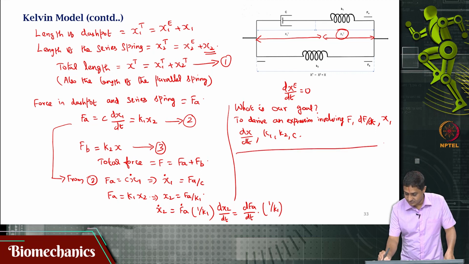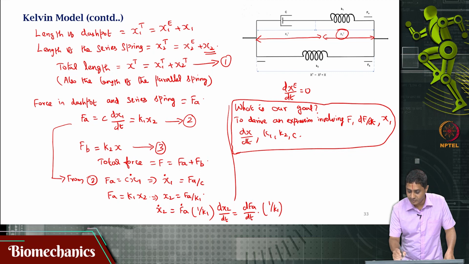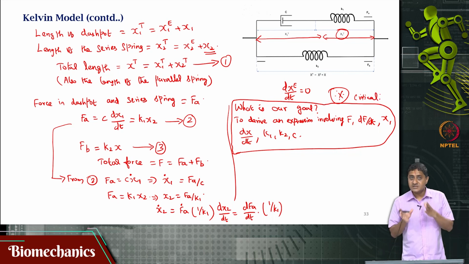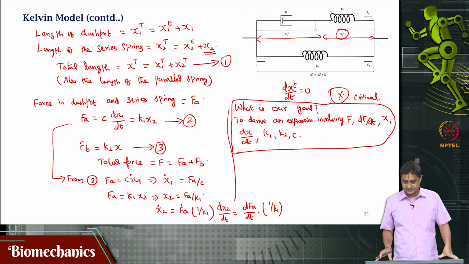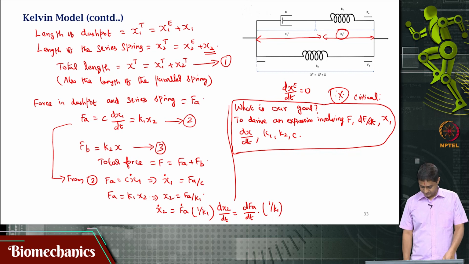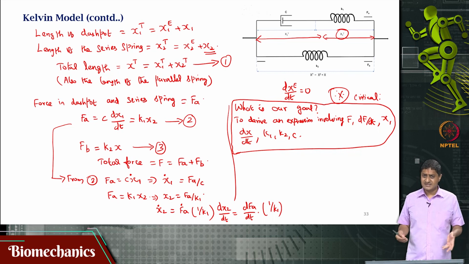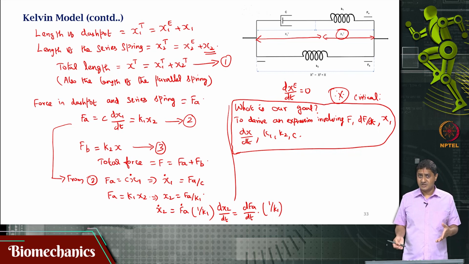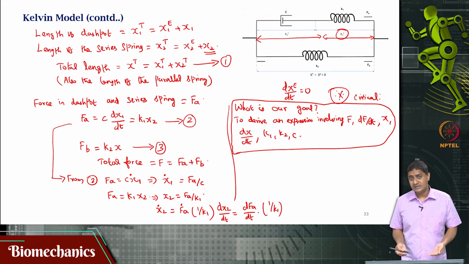It is very, very critical to keep your goal in your mind as to why you are doing what you are doing. Always keep moving towards your goal. We may have to revisit this slide from time to time because we have to take some of these equations to the next slide.